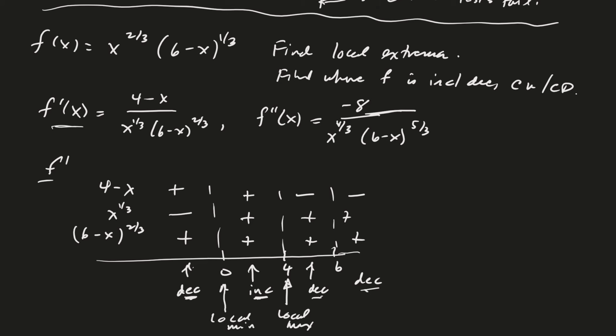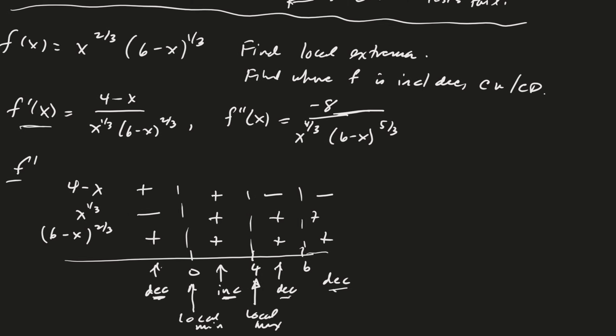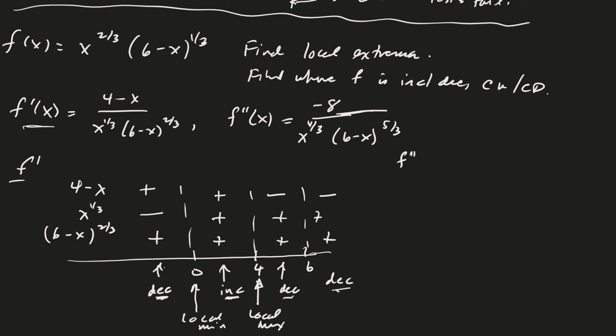Good. All right. Can we do the same thing now with the second derivative? Well, we don't have the extra numerator term, so we just have the denominator. X to the 4/3, so we can include our x to the 4/3 and 6 minus x to the 5/3, right? So then we just have 0 and 6. And then x to the 4/3, what's that?